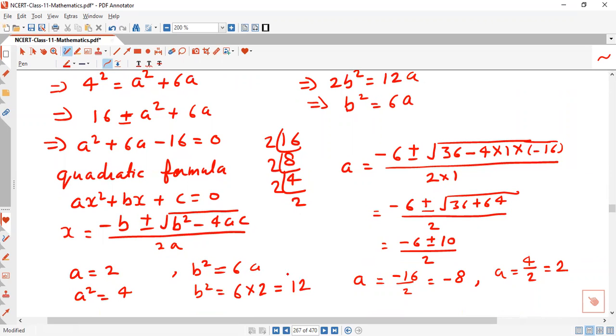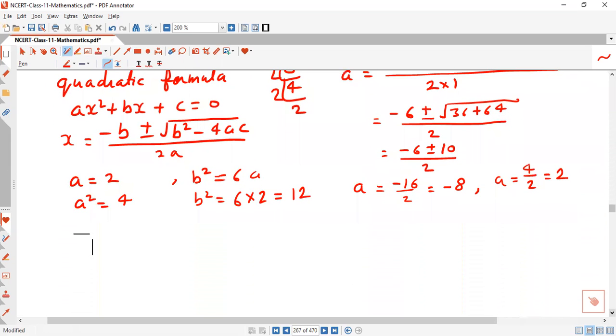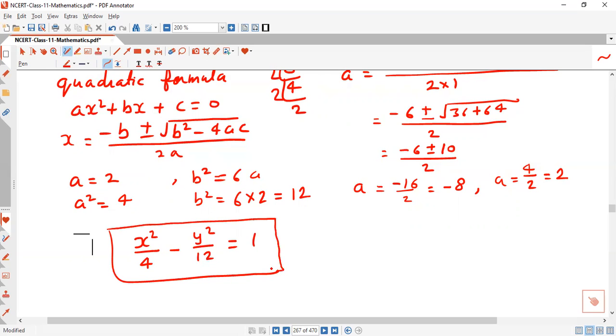So b square is 12 and a square is 4. Now what is the standard equation? We see that x square upon 4 minus y square upon 12 equal to 1. This is the answer of this question.